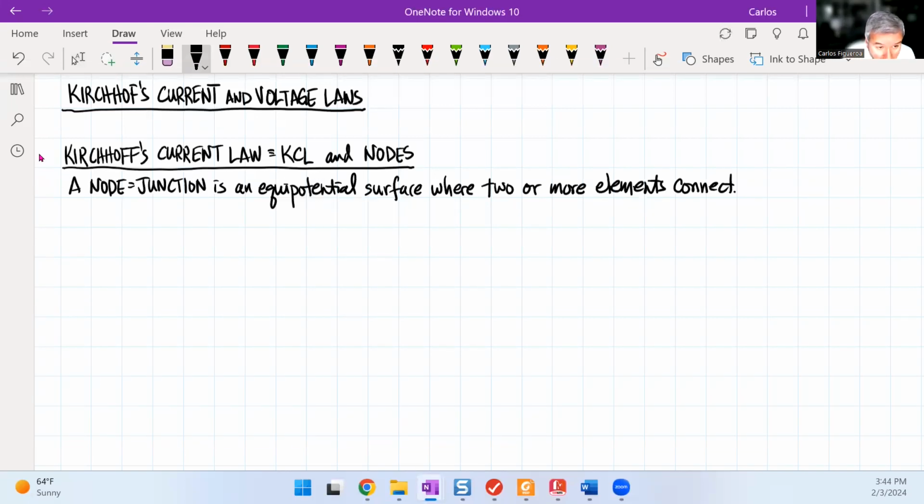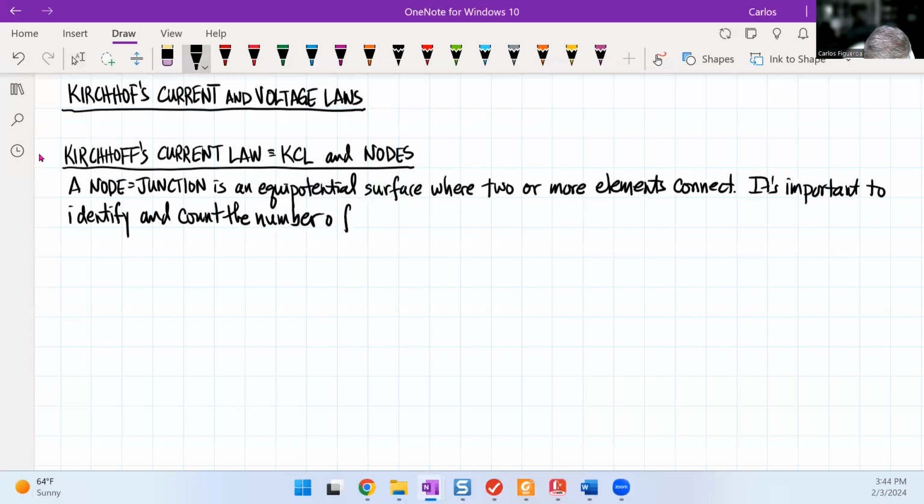So what's going to be really important is that it's important to identify and count the number of nodes.